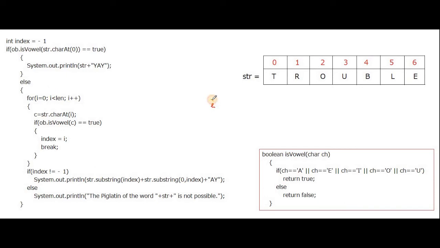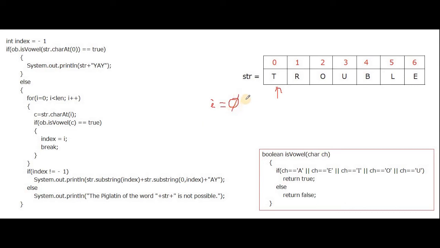So the 0 position character is extracted first. The 0 position character is T. So again the character T is checked with this method to see whether it is a vowel or not. Again it returns false, because T is not a vowel. Due to this return value false, these two statements are not executing, and there is no else part. So nothing will execute anymore.